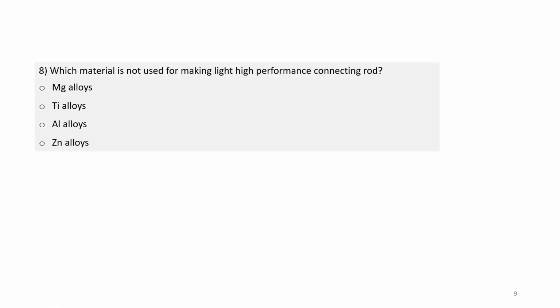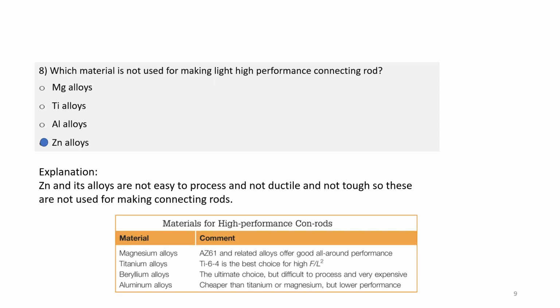Next up, which material is not used for making light high performance connecting rods? Your options are magnesium alloys, titanium alloys, aluminum alloys, or zinc alloys. So answer will be zinc alloys. The reason being, zinc and its alloys are not easy to process and are not ductile, and they are not tough, so these are not used for making connecting rods.